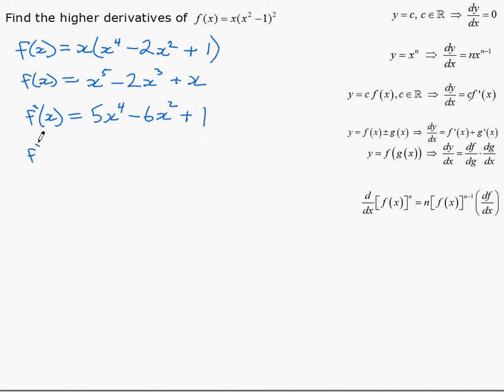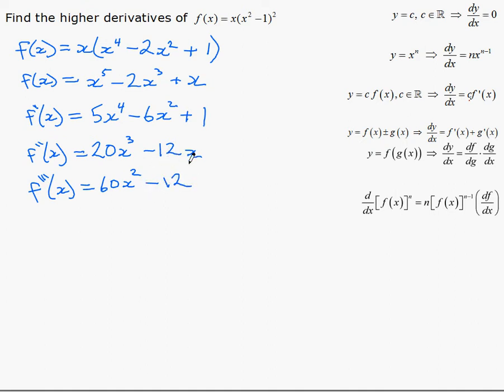Second derivative, we just continue taking derivatives. So that's going to be 20, 5 times 4, x to the 3 minus 12, 6 times 2, x. Third derivative, we're going to do 20 times 3, which is 60, and the 3 becomes a 2. We're just using the same rules over and over again.